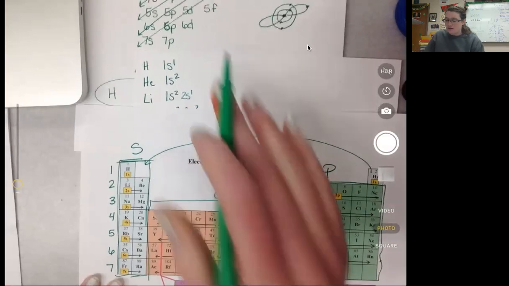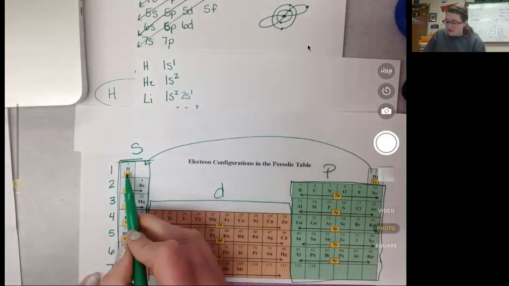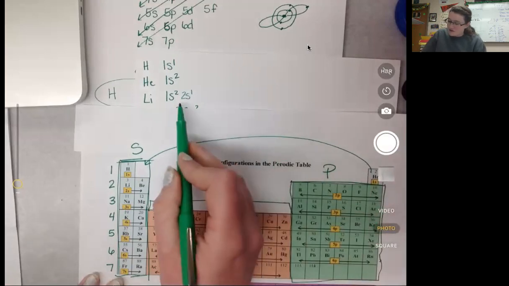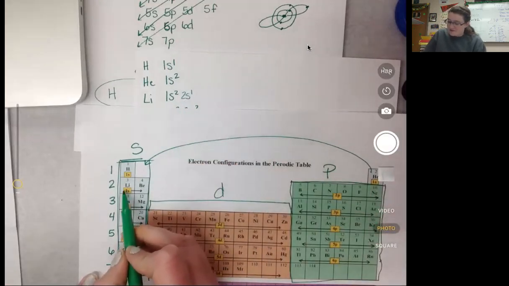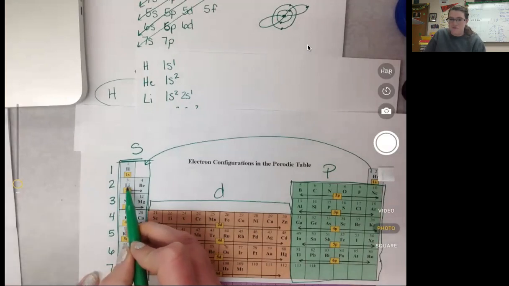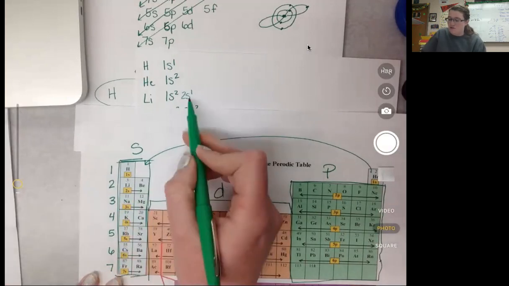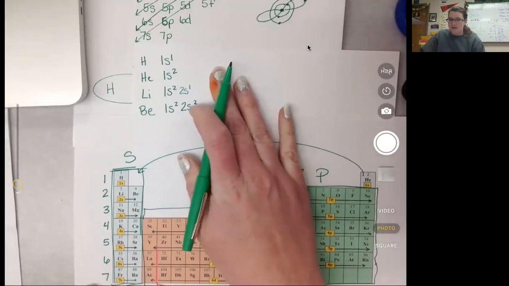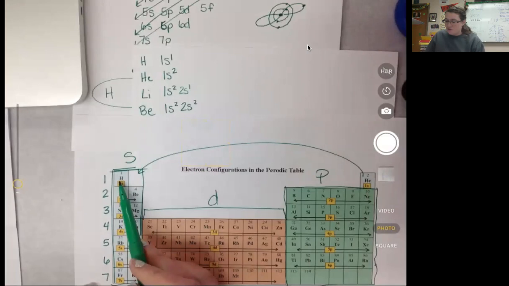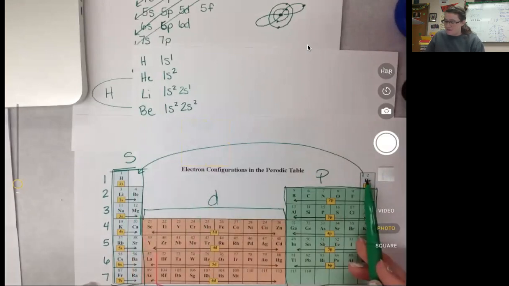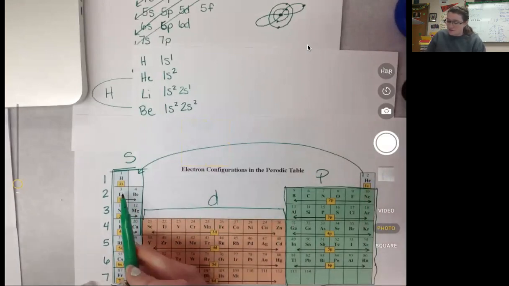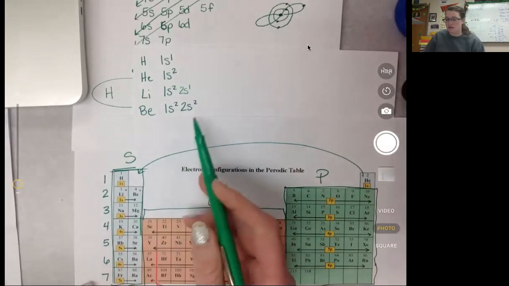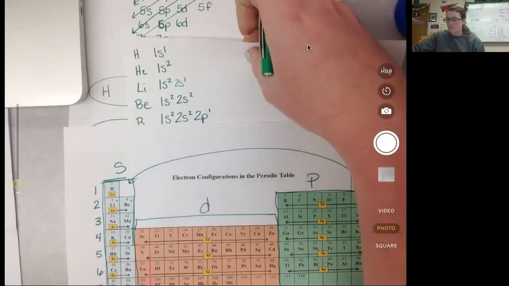Right? Going on to lithium, lithium fills the first energy level, and then it starts energy level 2. And this is the first element in that second row, and it's in the S block. So I have 1 in my S block. Right? If I go down to beryllium, beryllium fills the whole first energy level, and then it has 2 electrons, and it puts 1 in the S block and then another 1 in the S block, and so it's 2s2. Right?